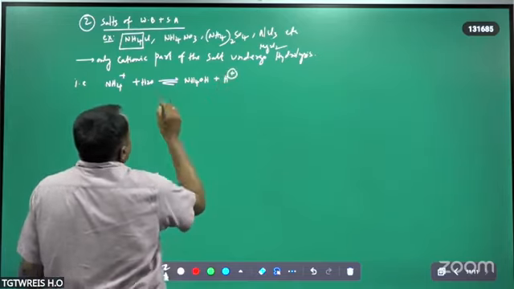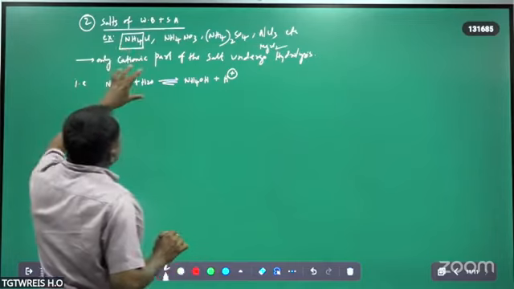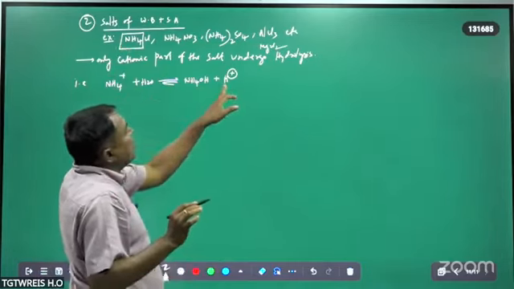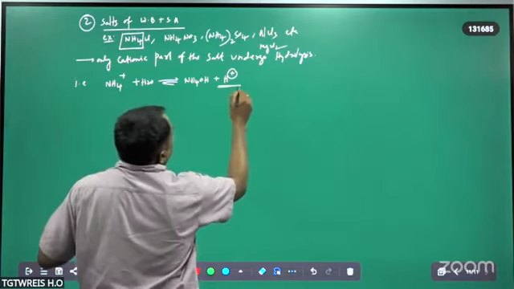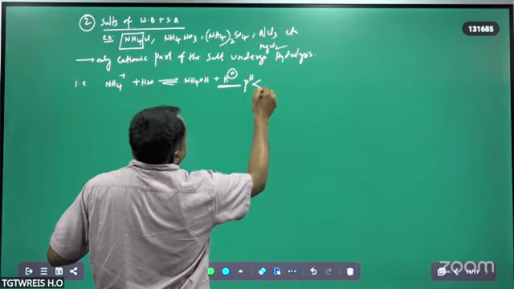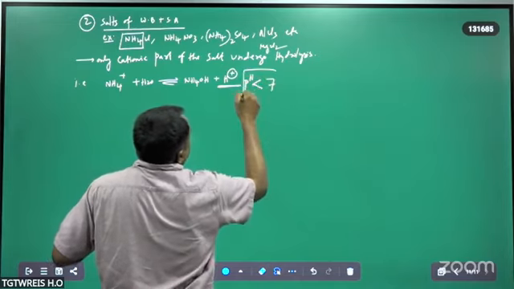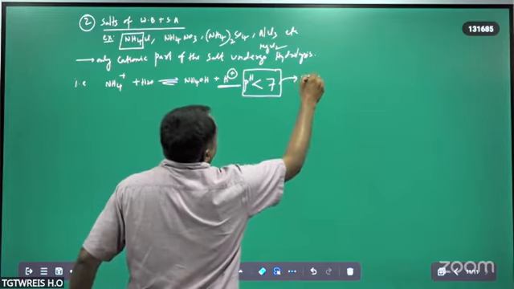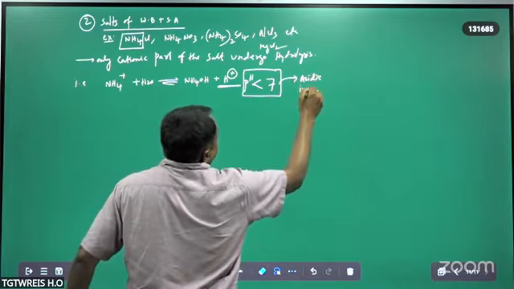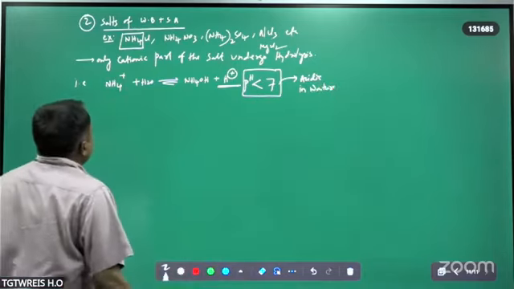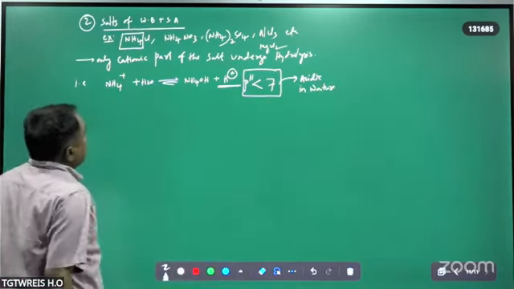When NH4Cl is dissolved in water, you get a solution containing H plus ions. Therefore the pH is less than 7, which means acidic in nature. So this is cationic hydrolysis.